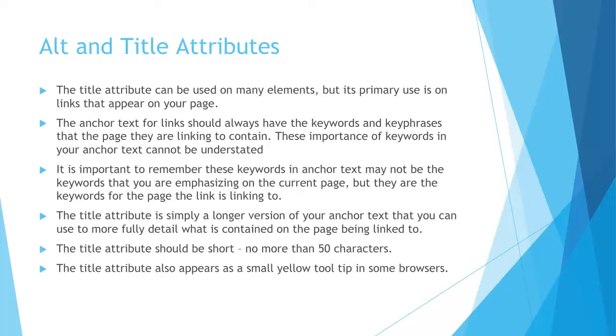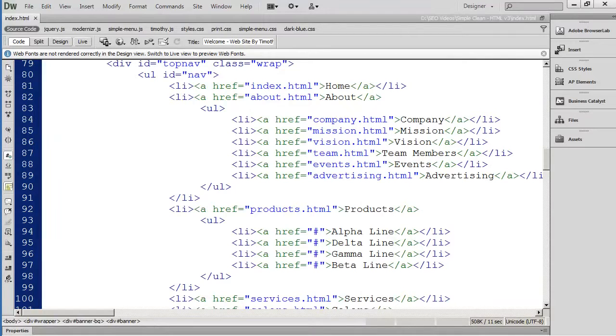Now, again, let's go ahead and take a look at a web page and place a title attribute on a link so you can see how to do that. So here we are back on our sample web page, and you can see I've got some links here.